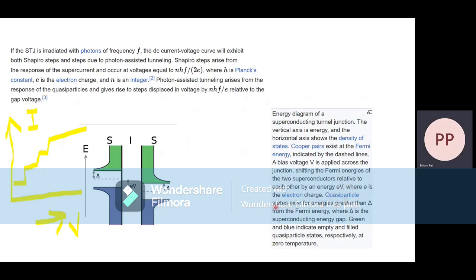Quasi-particle states exist only for energy greater than delta from the Fermi energy, where delta is the superconducting energy gap. The green and blue indicate empty and filled quasi-particle states, respectively, at zero temperature.